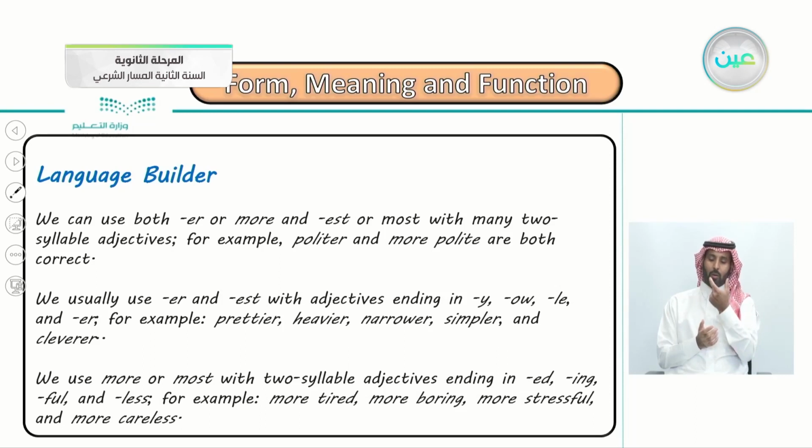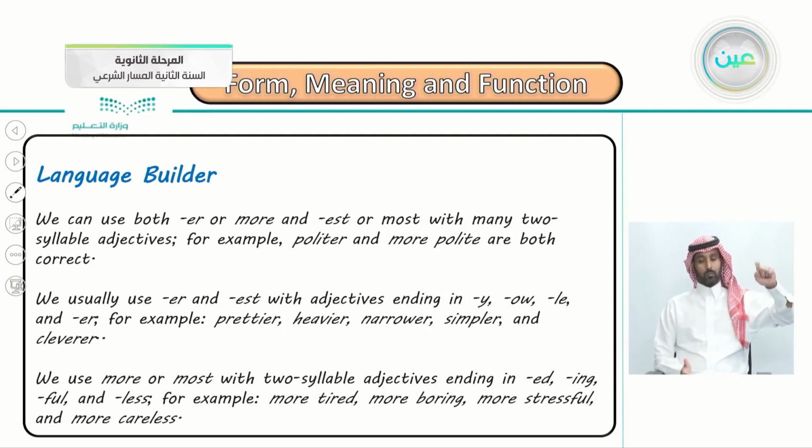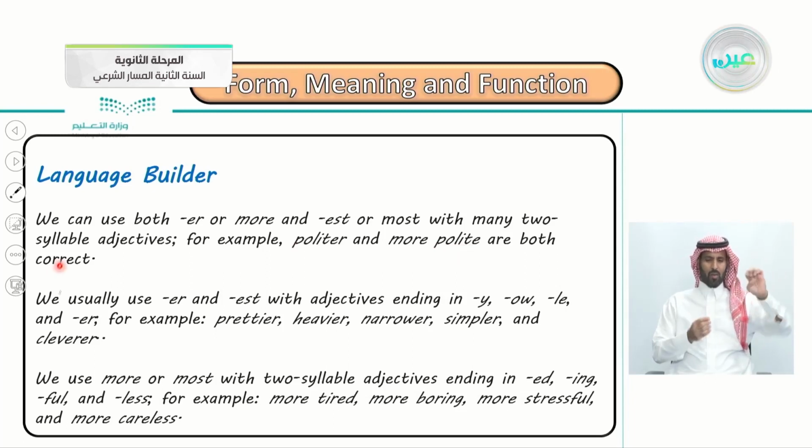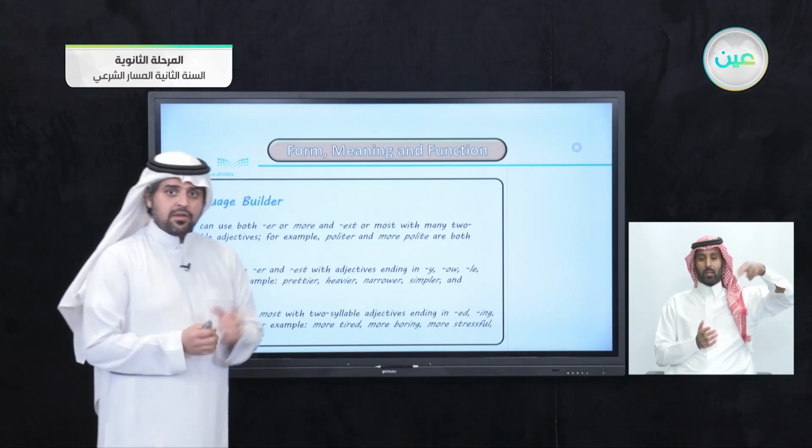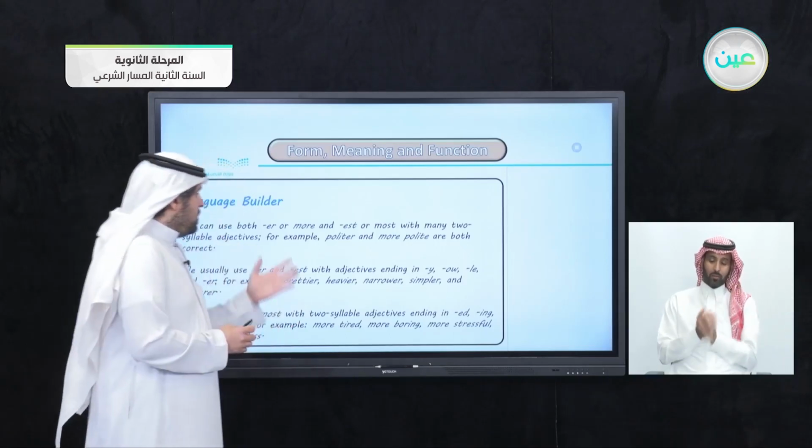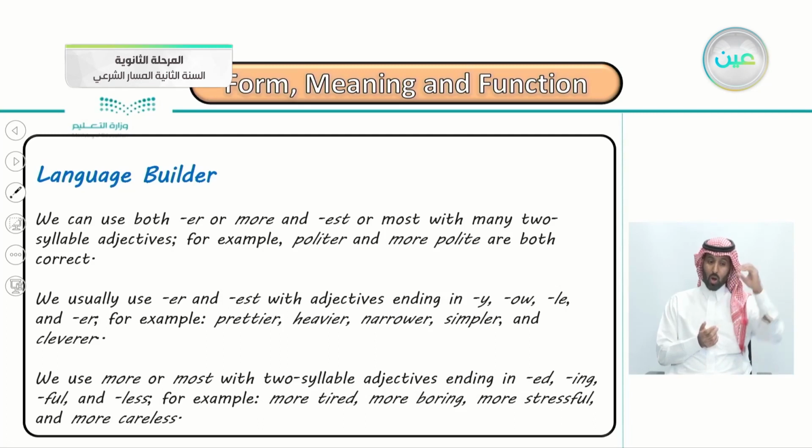For example, the adjective polite, you can say politer or you can say more polite. They both are correct. Polite is a two-syllable adjective. So you can either write politer or more polite.